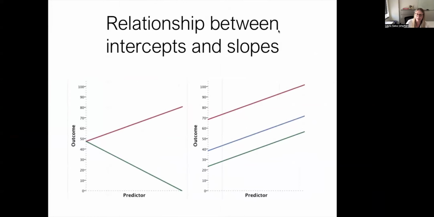And so let's take a look here visually to kind of get the concept down of intercepts and slope. So here on the left-hand side, we have the same intercept. So beta naught would be the same in both of these lines because they both cross the y-axis at the same point. But they have very different slopes.